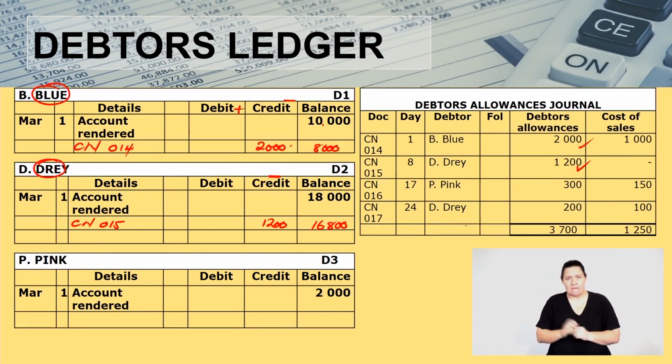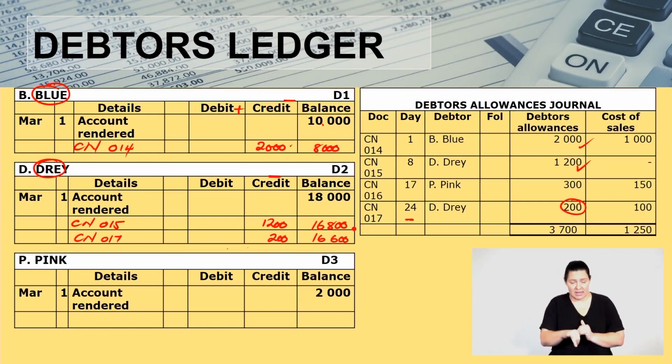16,800. But you can see here that Dre also returned goods here on the 24th. So I'm just going to record it so long. CN 017. You're going to get a minus again of how much? 200. So I'm going to have 200 here. So you're now saying 16,800 minus 200. It's going to give you 16,600.